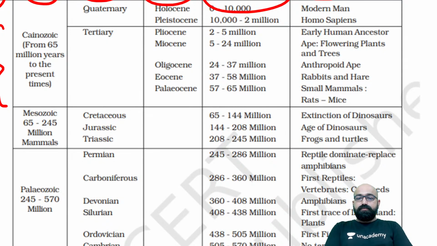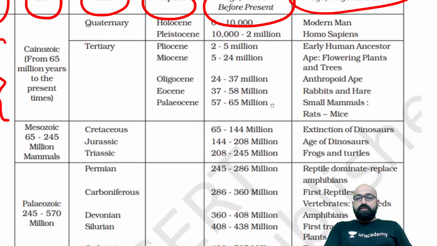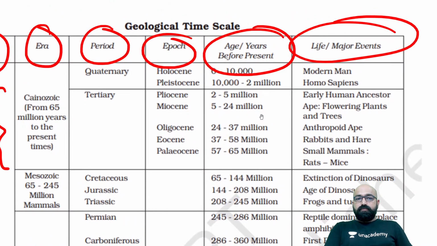After that, Cenozoic era, that is tertiary period. So epochs include the Paleocene, Eocene, Oligocene, Miocene, Pliocene.